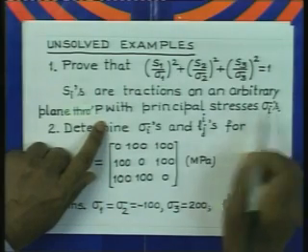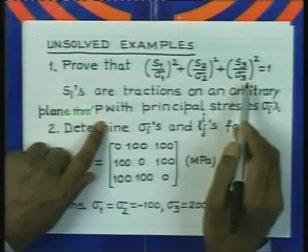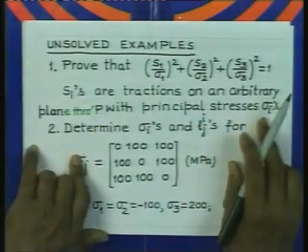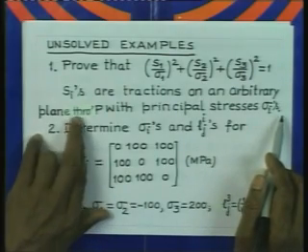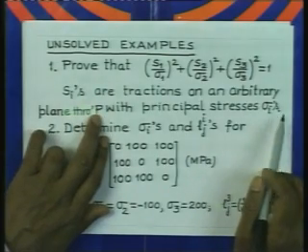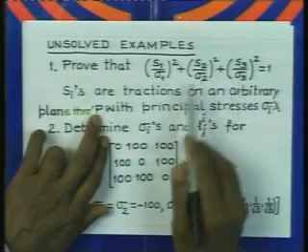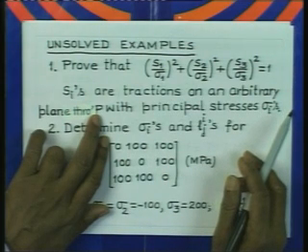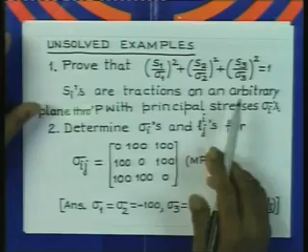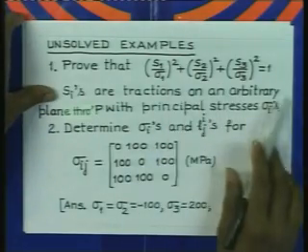So, sigma 1, sigma 2, sigma 3 are the principal stresses at a point P, and S1, S2, S3 are the tractions on an arbitrary plane inclined with the three principal directions. Prove that this relation is equal to unity.